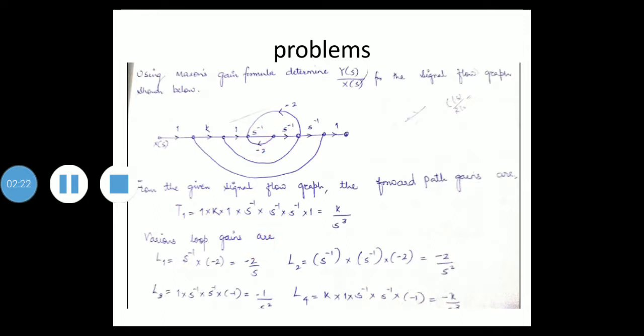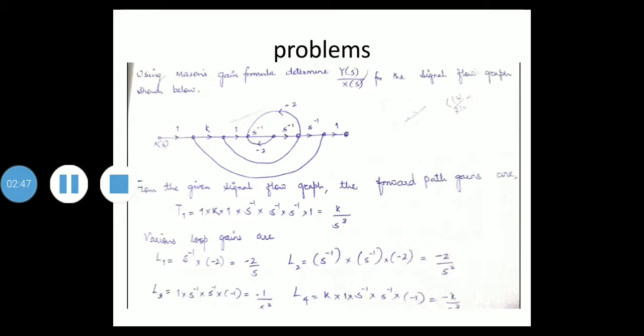Second loop, L2, is given by s raised to minus 1 into s raised to minus 1 into minus 2, which is minus 2 by s square.